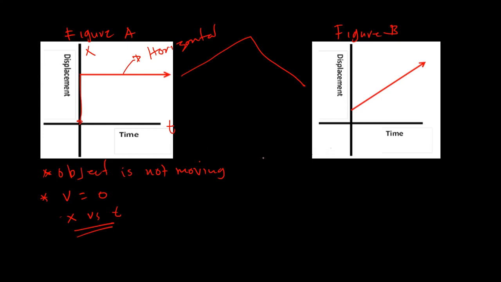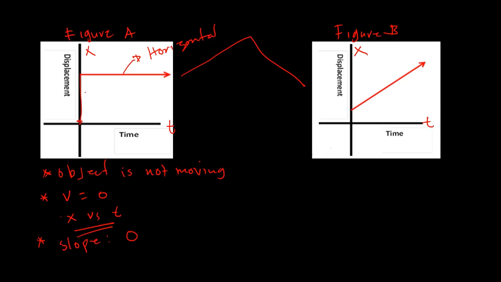Okay, how about this one, figure B? When you see this graph in terms of still x versus t, this is a steeper line. Before I forget, when you look at the slope of the flat line here, it is basically 0. Why 0?